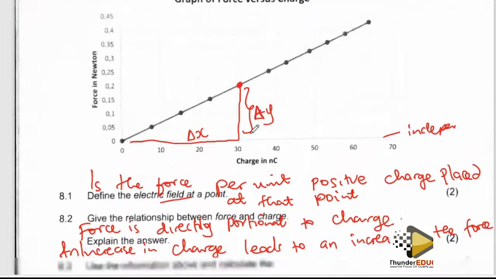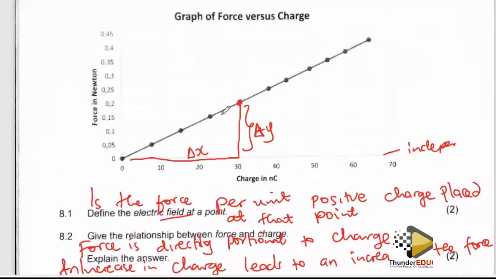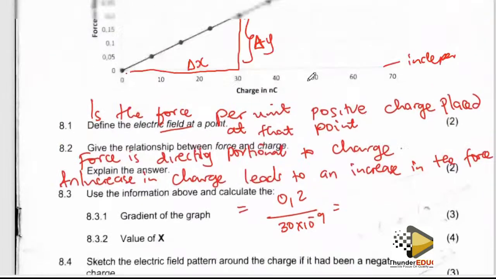So my gradient is going to be 0,2 divided by 30 times 10 to the negative 9, since it's in nanocoulombs. I don't know, guys, whichever values we can get, I think it would make a lot of sense.